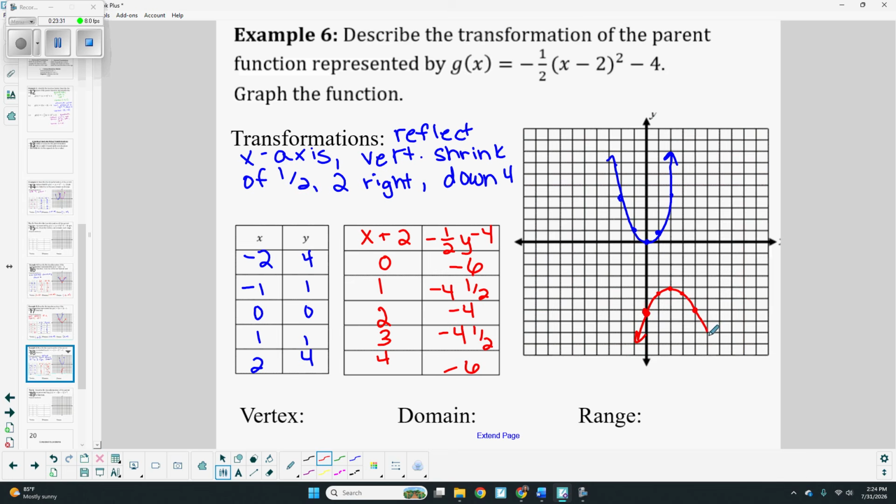All right, notice this is wider than that one was because we had our vertical shrink, and it moved to the right 2 and down 4. So my vertex was 2, -4.